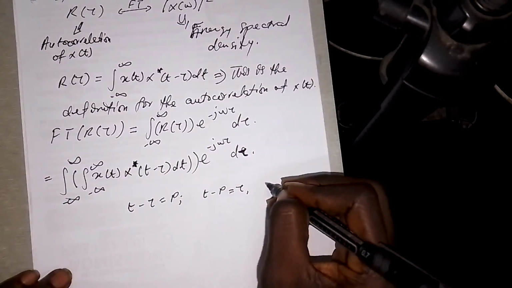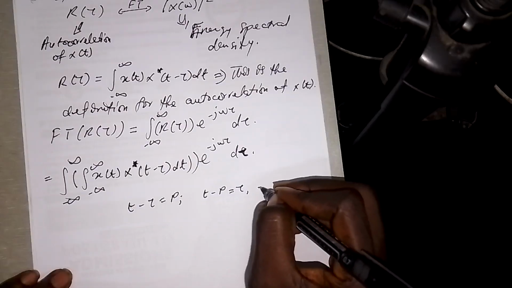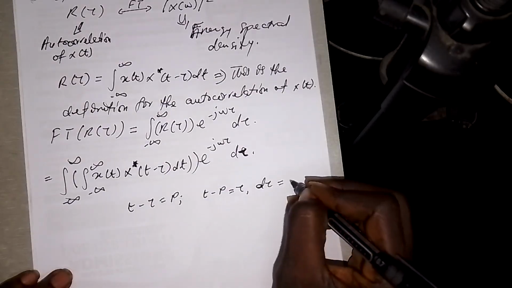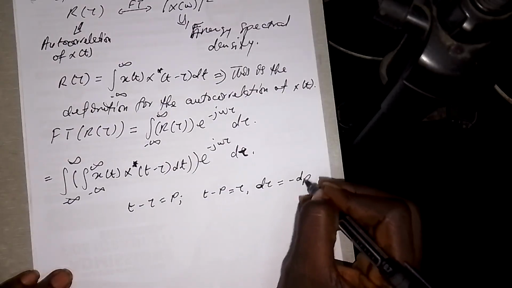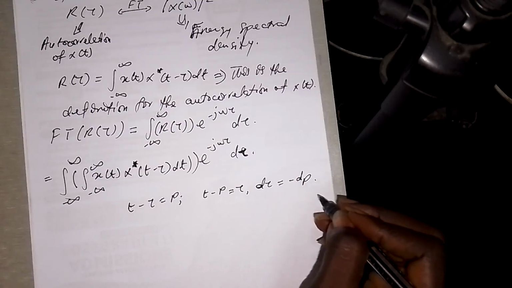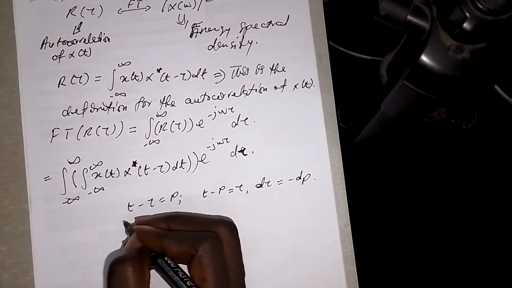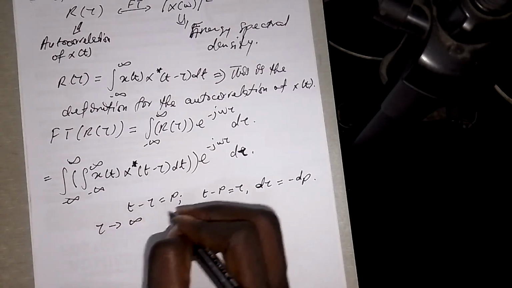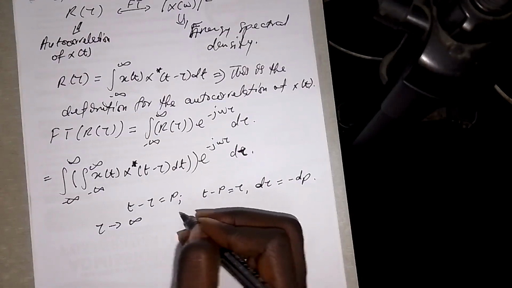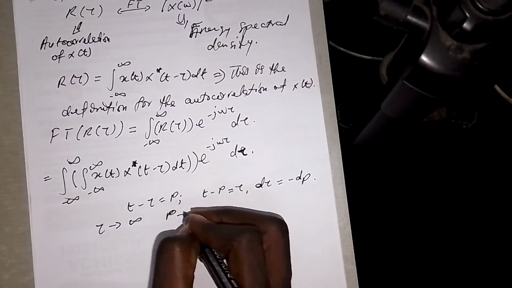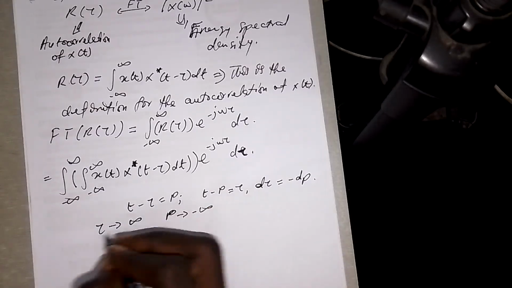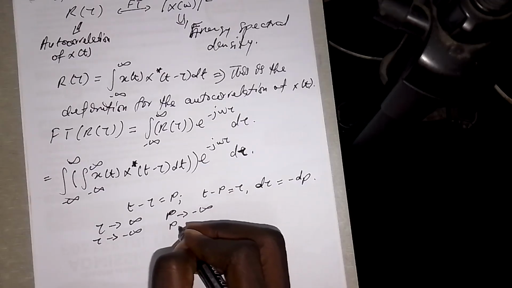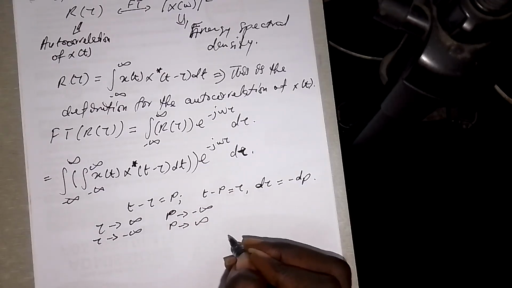That would also mean that d tau is equal to minus dp. And this will also mean that as tau approaches infinity, p approaches minus infinity, and as tau approaches minus infinity, p approaches infinity.